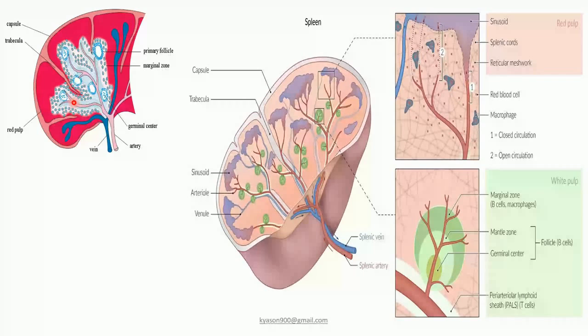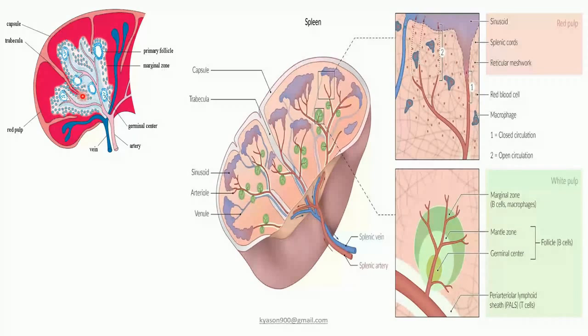Pathogens like viruses and bacteria are going to easily be targeted by those cells. So basically your white pulp is important in immune surveillance and in targeting pathogens.